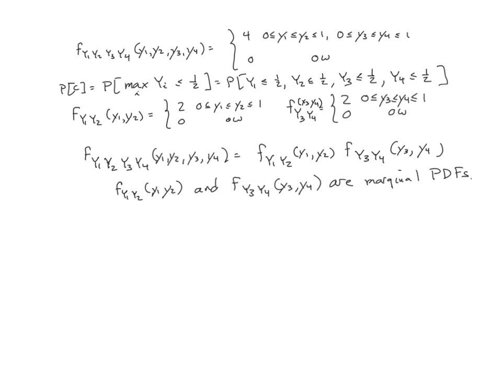And in fact, what the above formula is saying is that this joint PDF is a product of marginal PDFs. And in fact, what's happening here, and we haven't developed this idea very much, is that the pair y1, y2 is independent of the pair y3, y4.